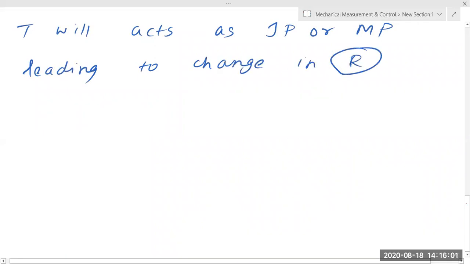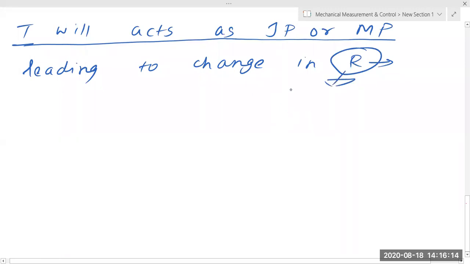If there is change in T, there will be some extra input which will lead to change in resistance. So we won't be able to measure the actual strain.